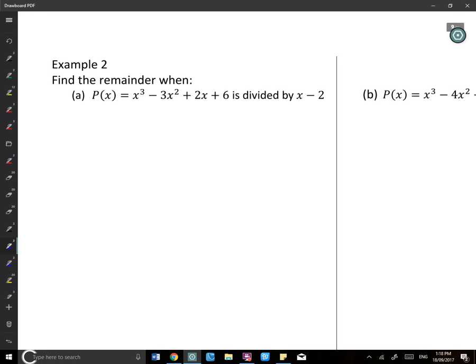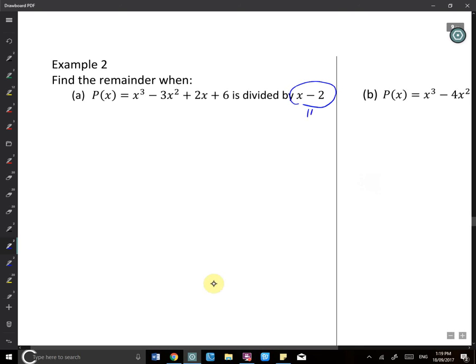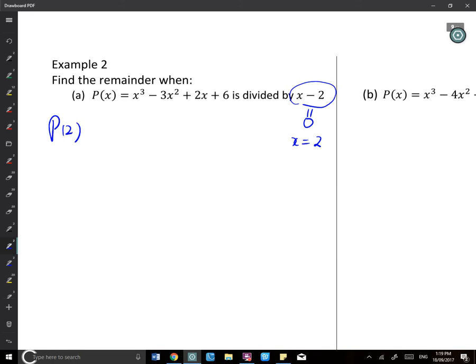I just want to know the remainder when dividing by x minus 2. So x minus 2 equals 0, x will be 2. What I need to substitute is p(2).